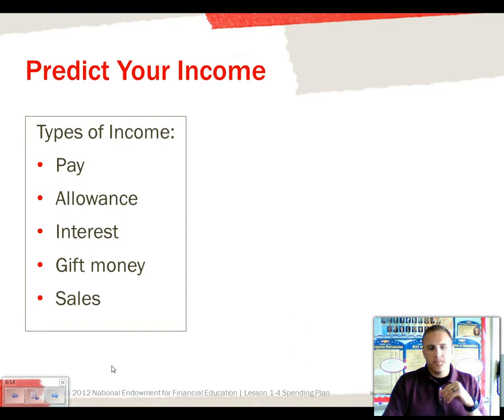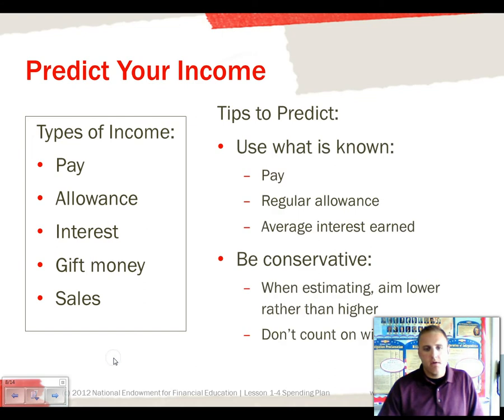So look at your income. I think we all have somewhat of an idea of maybe what we want to do in life. We also may have an idea of how much money that career will make us. So in terms of predicting your income, some tips that we want to use. We know we are going to be paid in a monetary amount for a job.